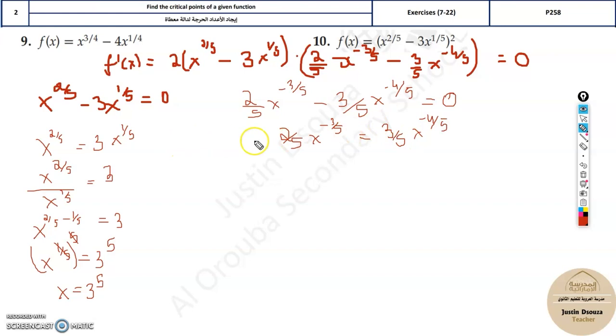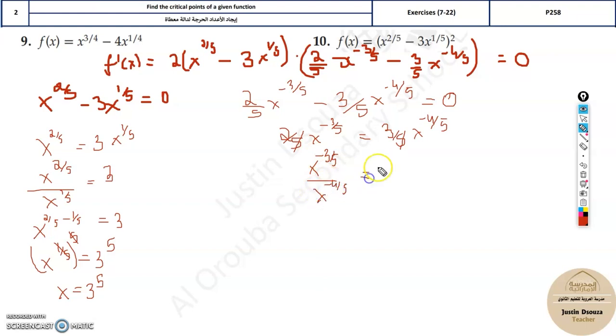Now we need to simplify this. Look at this, 5 cancels, and take the numbers to one side and the powers to the other side. So I will take this to the other side, it will go down. See, x^(-3/5) divided by x^(-4/5).